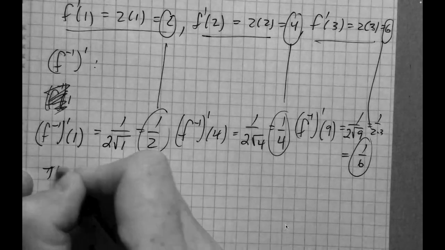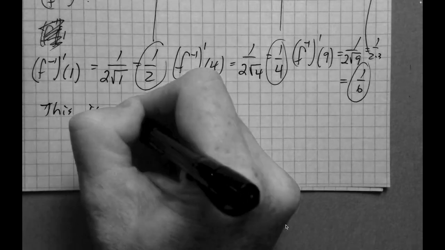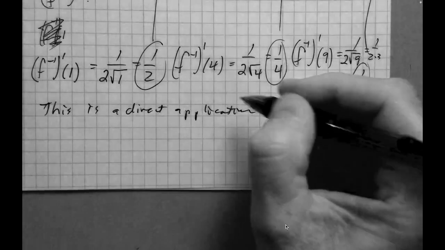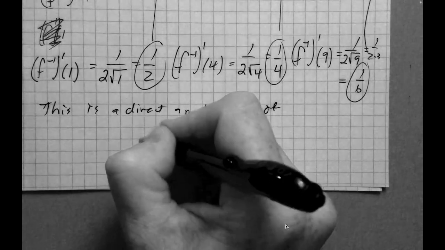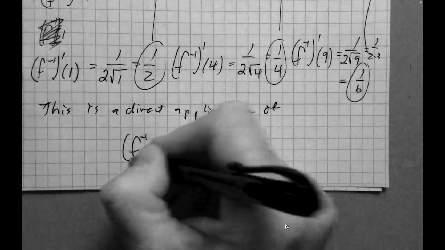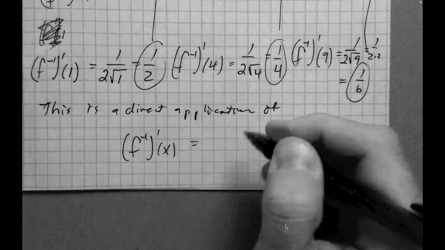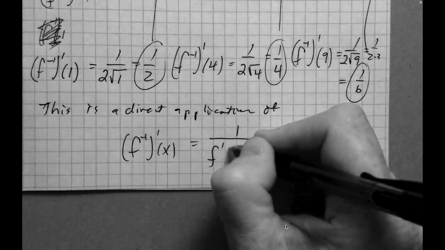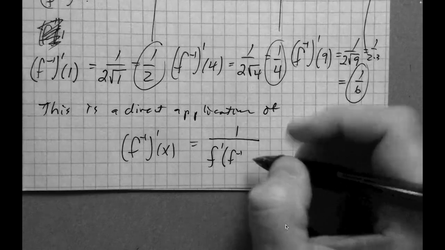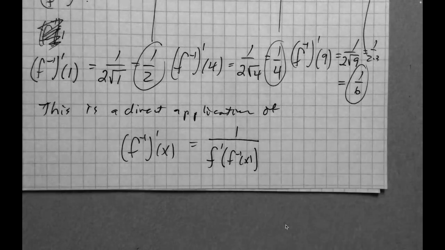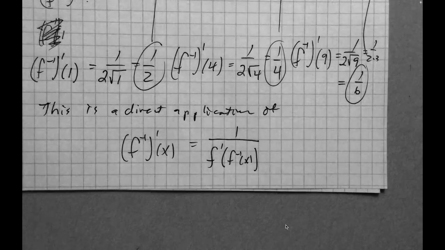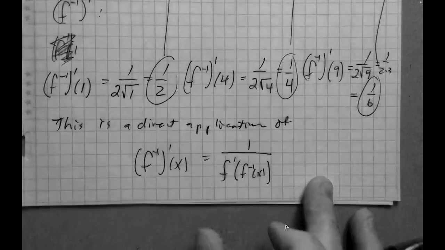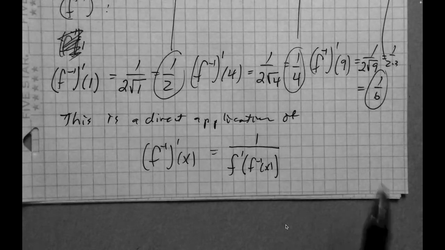So this is a direct application of the fact that what we just talked about on the previous page: f inverse prime of x equals 1 over f prime of f inverse of x. Okay, so that's what we're looking at here. This is a useful theorem in the world of calculus, right?